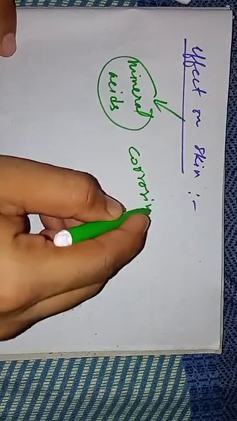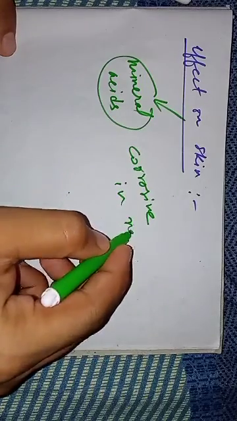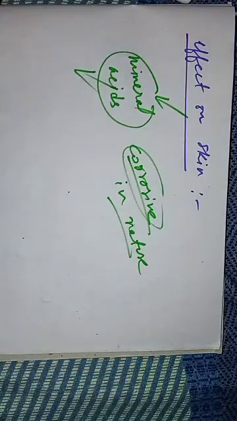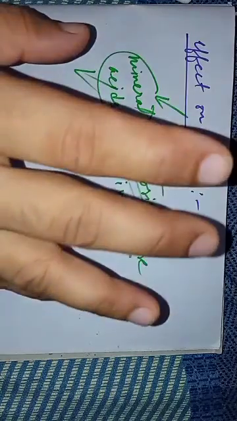Mineral acids include sulfuric acid, nitric acid, nitrous acid, sulfurous acid. These acids are all corrosive in nature, so they will corrode your skin. They will harm your skin. They will give you painful burns. They will give you a hard time.